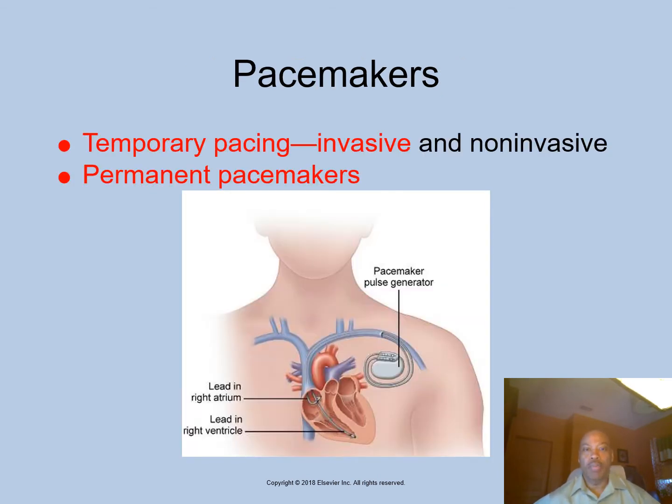All right, so placement of a pacemaker in the chest and heart leads is what you are looking at here. You should see pacer spikes before either a P wave or a QRS complex or both. Usually when it's both, it indicates that the atria and the ventricles are being paced.